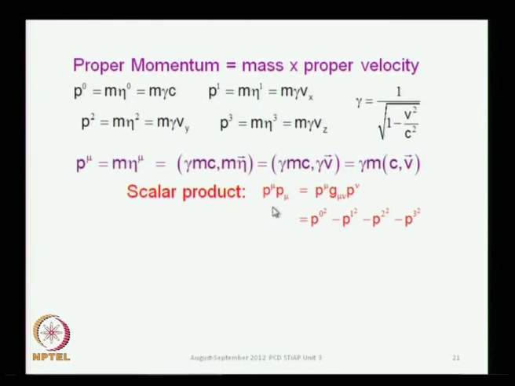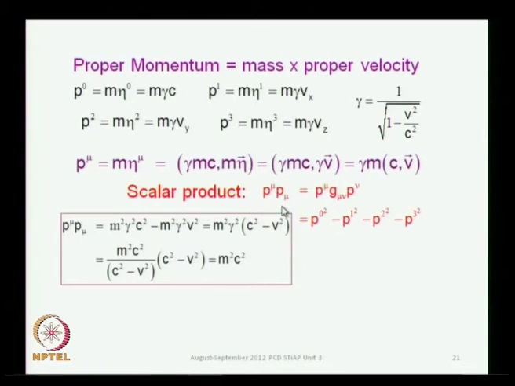Again, you can ask if it is an invariant quantity, and you construct the scalar and you find that it turns out to be m square c square, which is again invariant, although one must be careful about how you define mass.